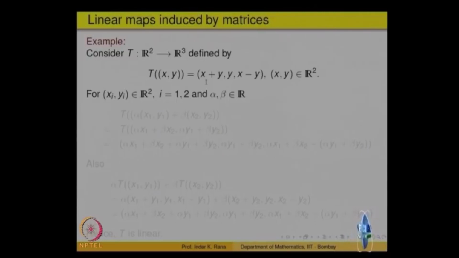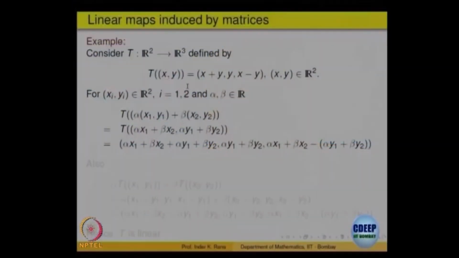We want to know whether this is linear or not. Is this map linear or not? So, what should we look at? We should take 2 points x1, y1 and x2, y2, take scalars alpha and beta, and take a linear combination of them, alpha times x1, y1 plus beta times x2, y2. Look at the image, look at the images of the original points T of x1, y1 and T of x2, y2, and take the linear combination.